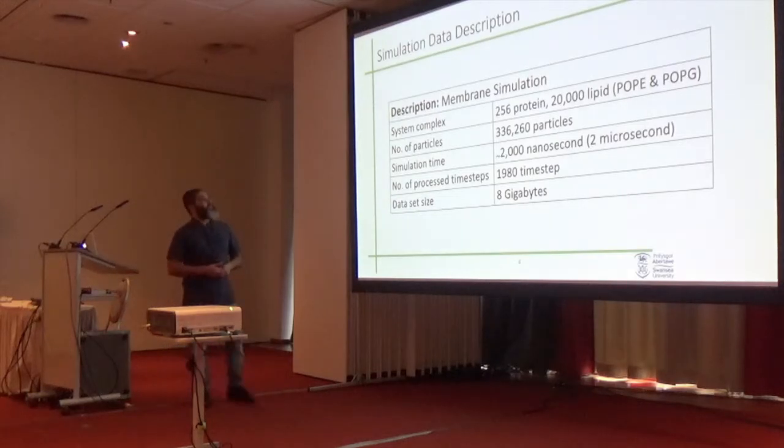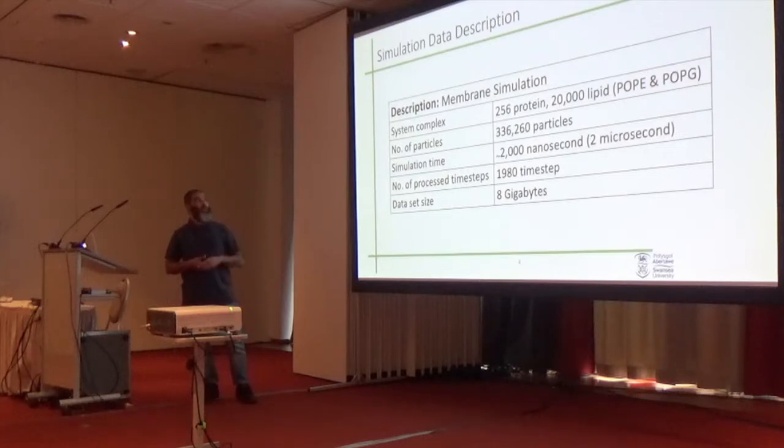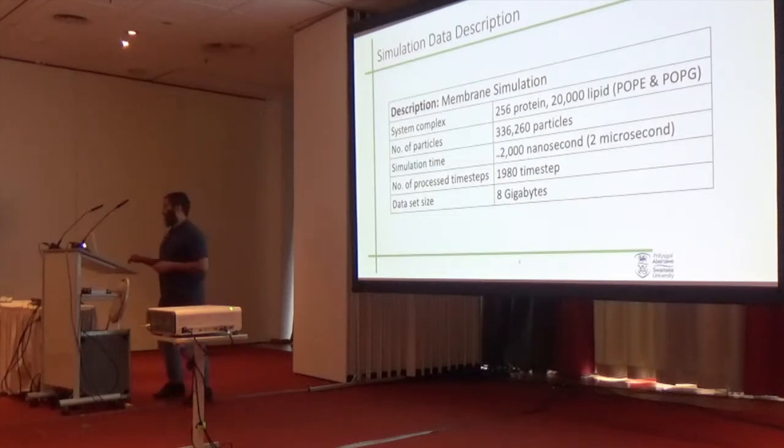Our dataset contains 256 proteins. Each protein involves about 300 particles. Also, 20,000 lipid molecules. Each lipid consists of 13 particles.